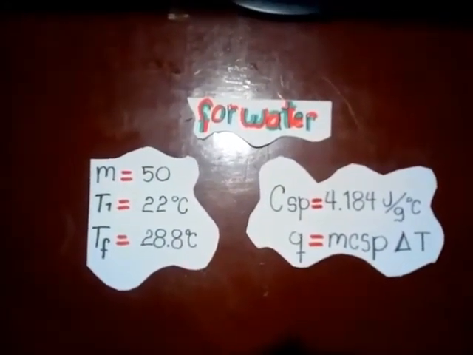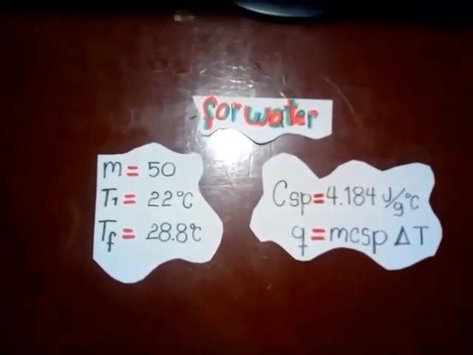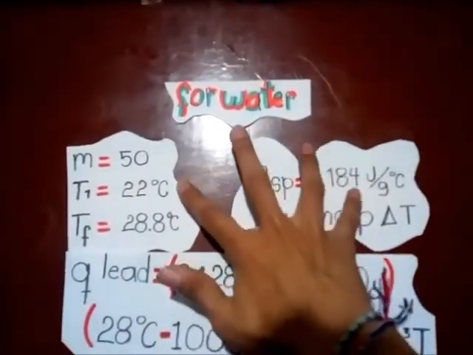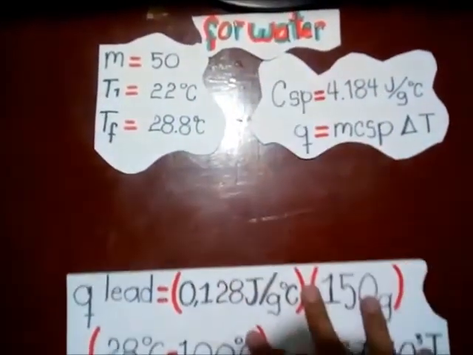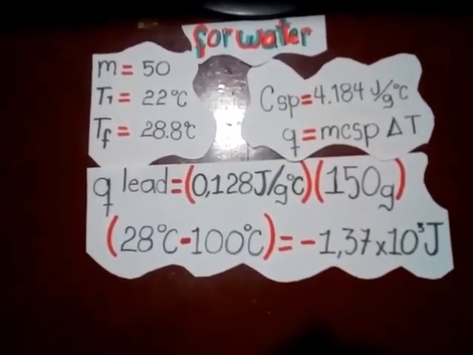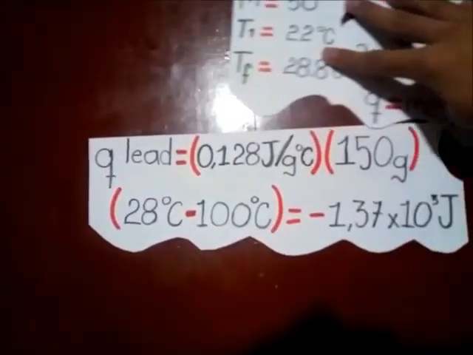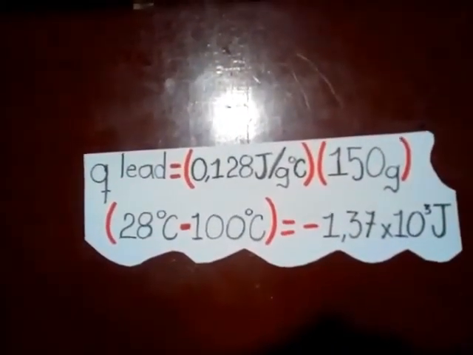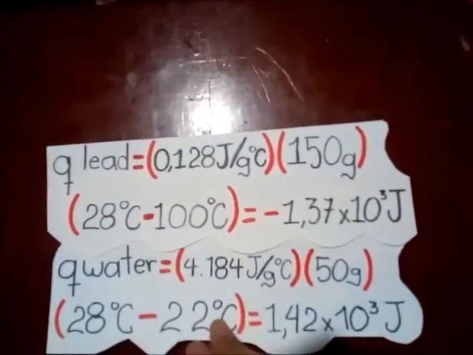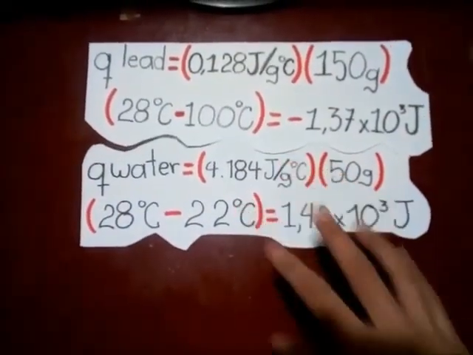Q is equal to m Cs delta T. Q lead is equal to (0.128 joules per gram Celsius)(150 grams)(28 Celsius minus 100 Celsius), which is equal to minus 1.37 times 10 to the third joules.